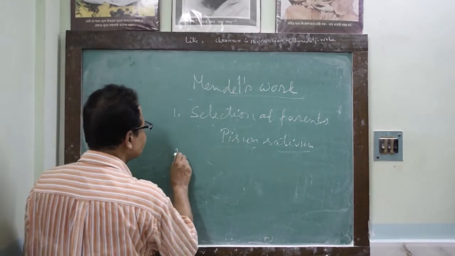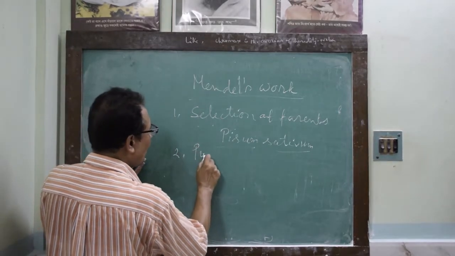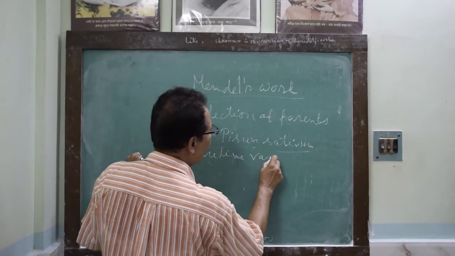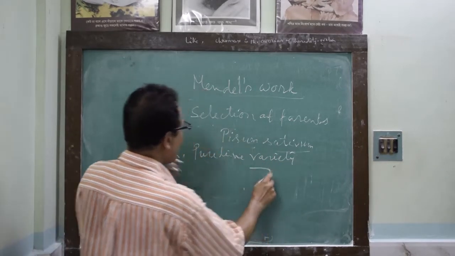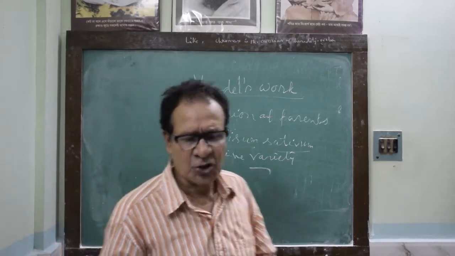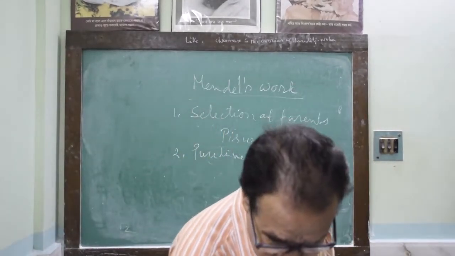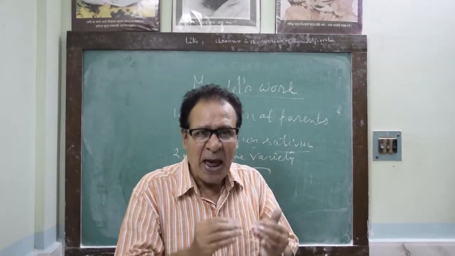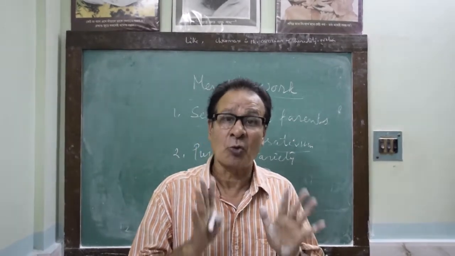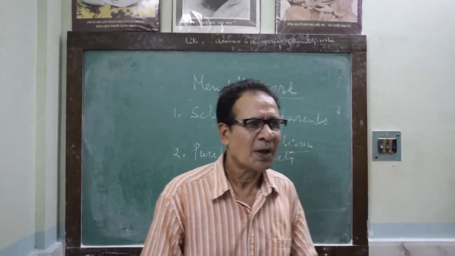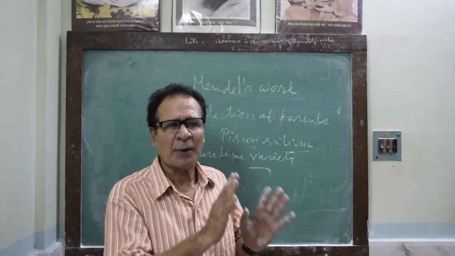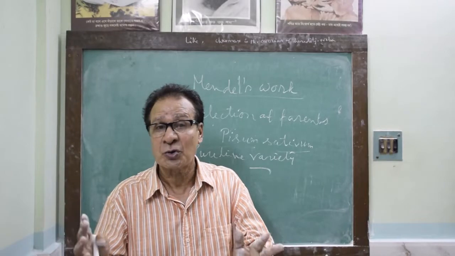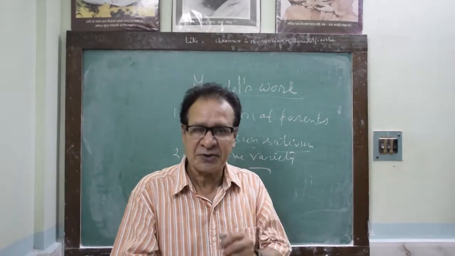Then, pure line variety. After the selection of parents, he became sure the taken plants were pure or homozygous. For this, he took a particular plant, suppose a tall plant and a dwarf plant, because we know the cross will be done between two contrasting plants.